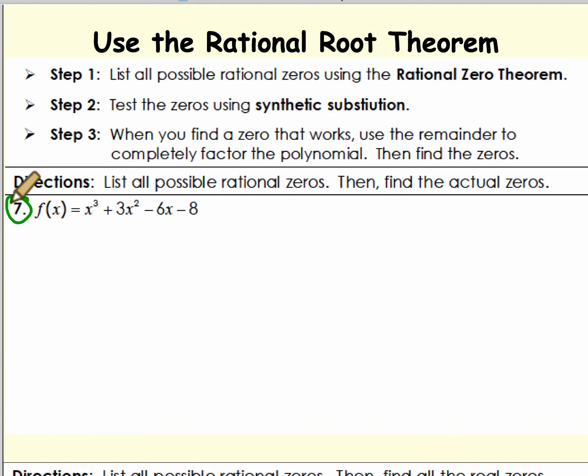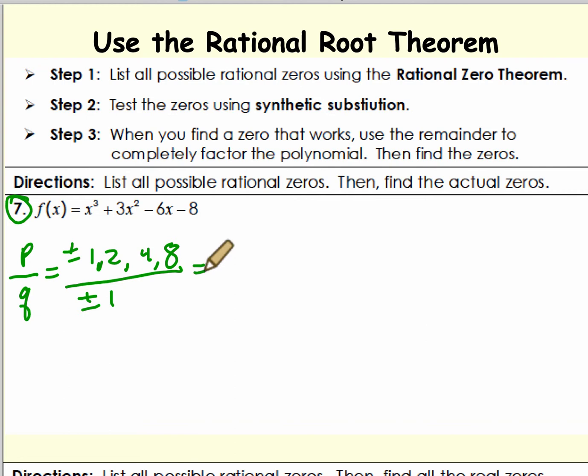So I'm going to do that by doing my p's and q's: factors of 8 over factors of 1. That makes my list a lot easier when my leading coefficient is 1, because I only have to test these 8 numbers. But if I can find 1, I think I would be pretty good.